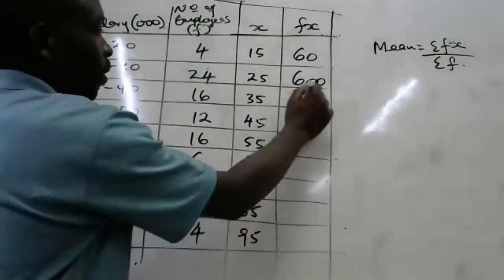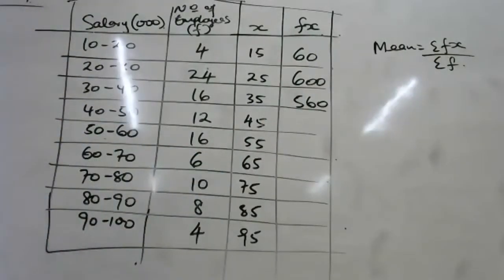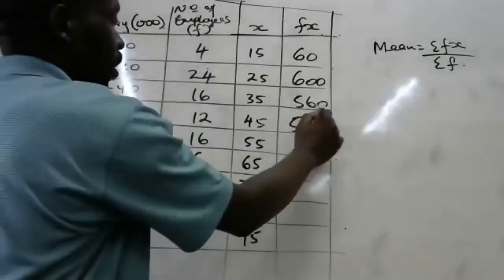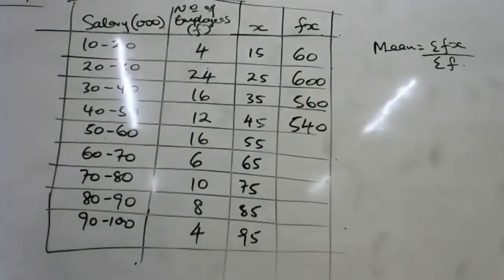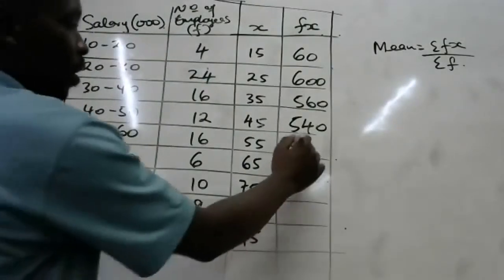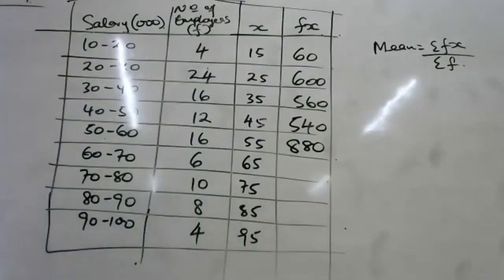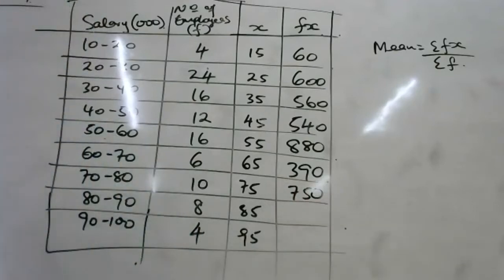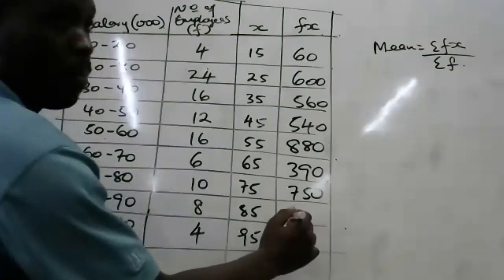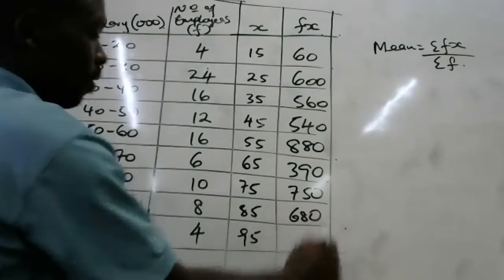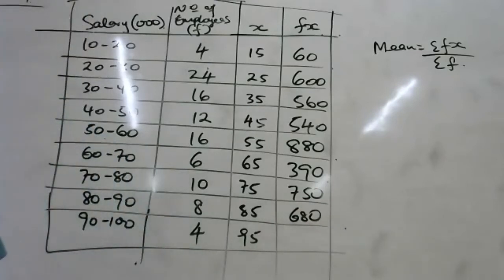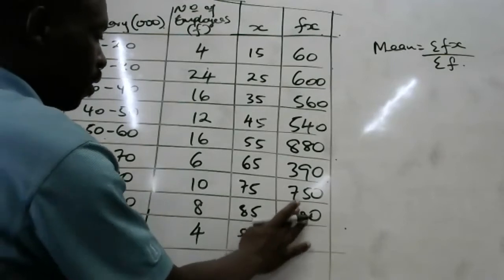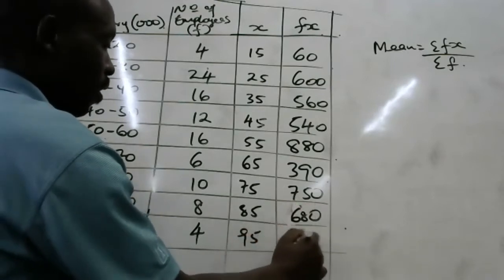The other one? 540. 880. 390. 750. 680. And 380.